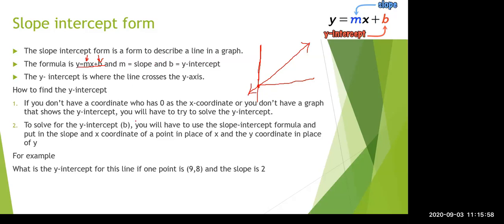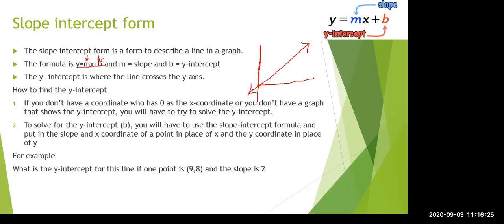So how do you find the y-intercept if you don't have a graph? If you don't have a coordinate that has 0 in the x-coordinate, or you don't have the graph to show you that, like in this graph you can see that at the origin the line crosses the y-axis. If you don't have those 2 pieces of information, or even one of them, then you'll have to solve for the y-intercept.